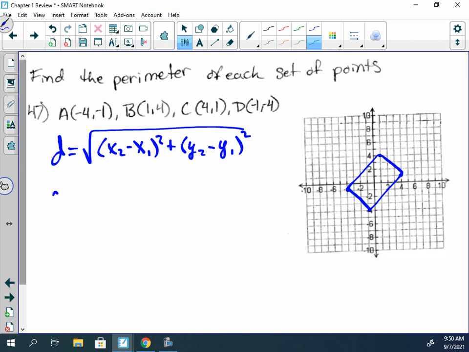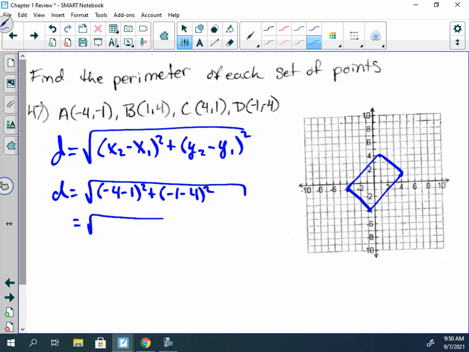So I can just start off with A to B, negative 4 minus 1 squared plus negative 1 minus 4 squared. And we could type this into the calculator to get our answer. And I believe that the calculator will tell us that this is 5 square root of 2.